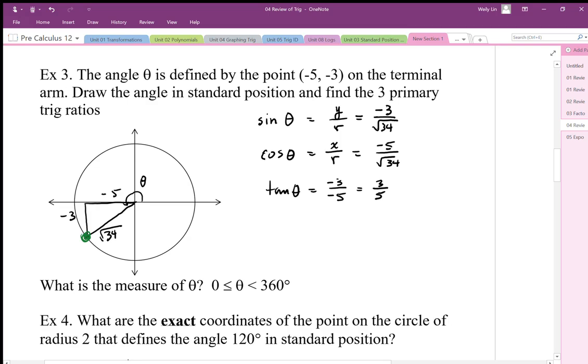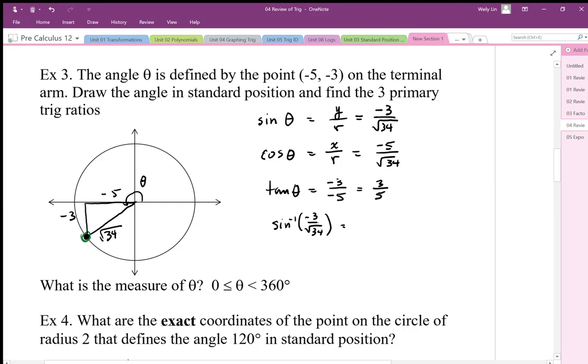Now the question does ask, what is the measure of that angle? We need to use the inverse for this. So I'm just going to use the inverse sine. I'm going to use the inverse sine of -3 over root 34.